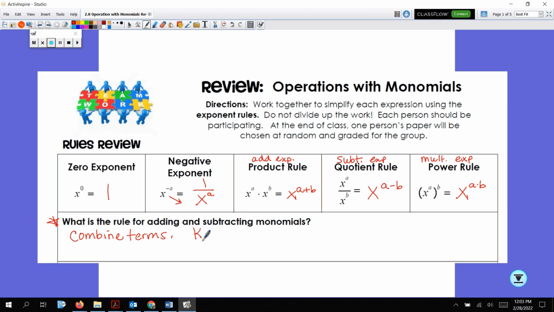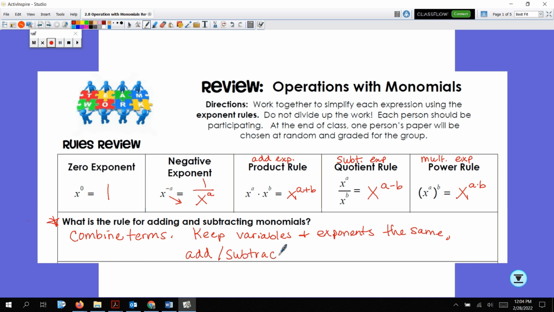Then you want to keep the variables and exponents the same. And then you add or subtract the coefficient.